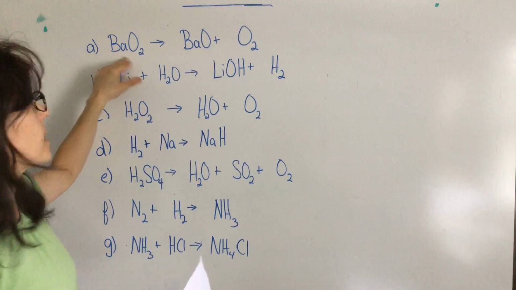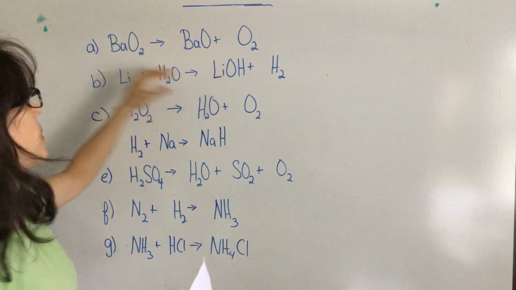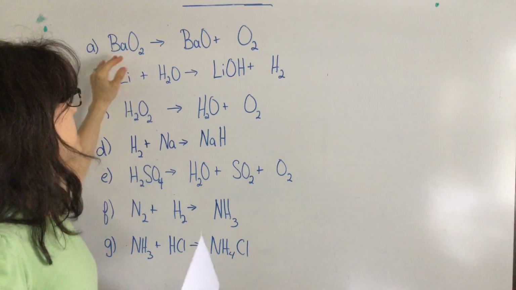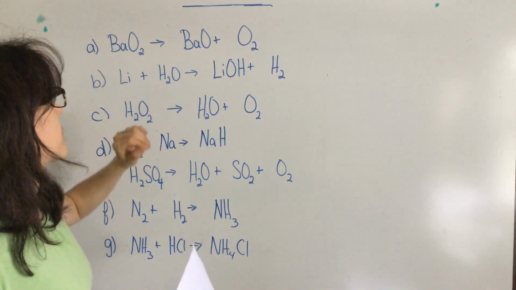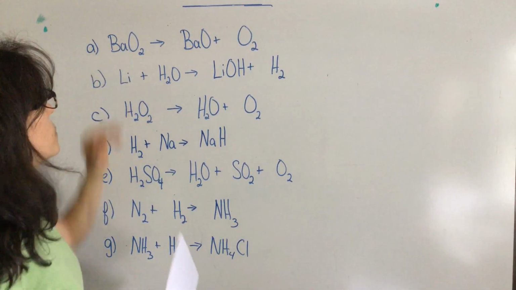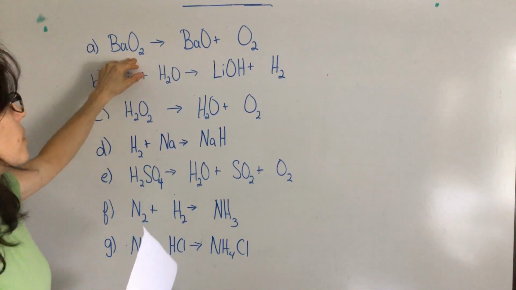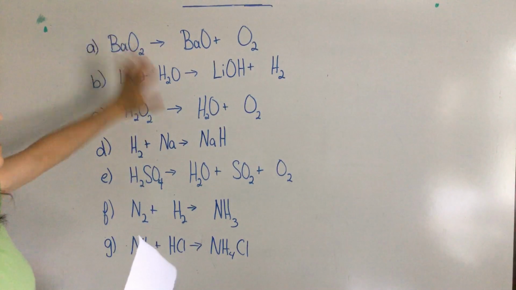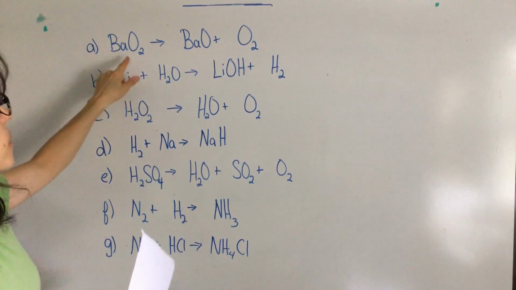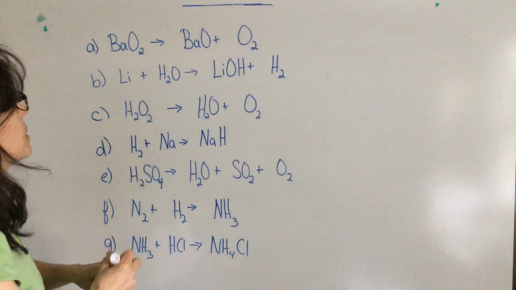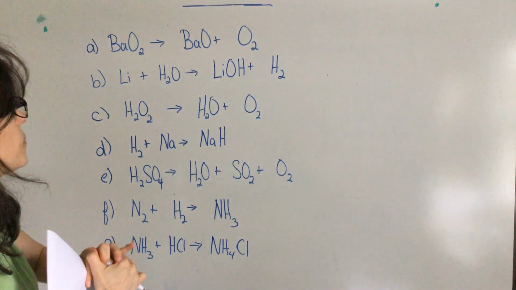Barium oxide is usually BaO, but this happens to have a +4 charge because of the extra electrons that it can lose. So it has a +4 charge, and so it's combined with 2 oxygen. That doesn't really matter, but what we do need to do is put some coefficients in front of some of these formulas.